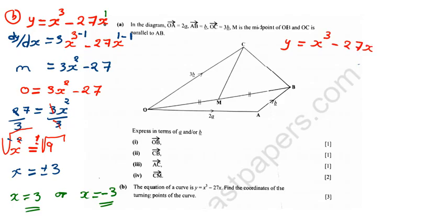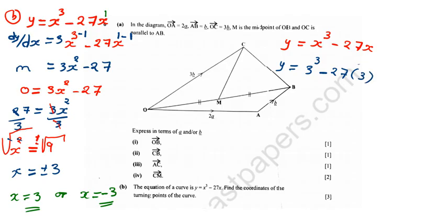Where there is x, I substitute now. I start with the positive 3. So y is equal to 3 to the power 3 minus 27 times 3.